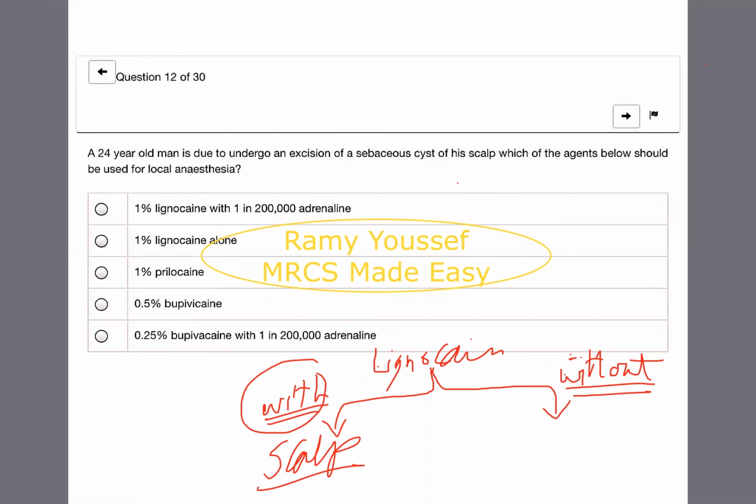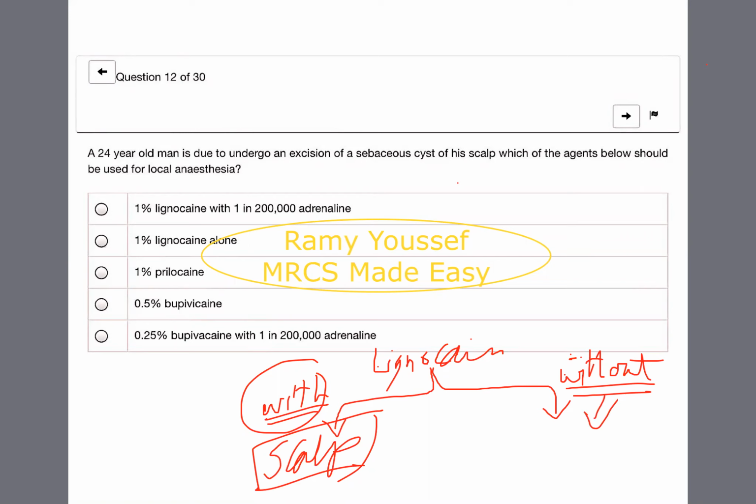By the way, in the exam it will be the scalp. The exam will ask about the scalp because it's highly vascular. But sometimes we use it in mastectomy. Sometimes if you're doing an accessory breast, or removing a lipoma, we inject lignocaine with adrenaline to decrease the bleeding.